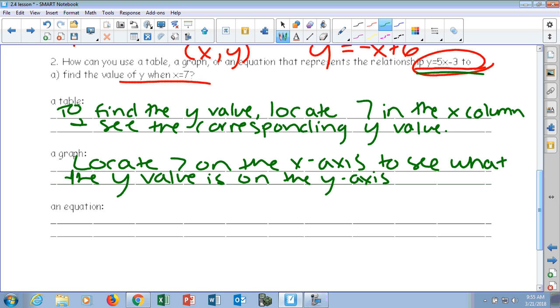We can follow that 7 up on our x-axis and see where it crosses our line, and then we can take that across to our y to determine what that y point actually is. So the point would be expressed as 7 comma y, 7 comma whatever y is. That's written as an ordered pair.